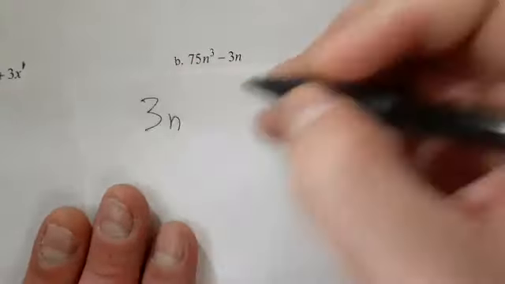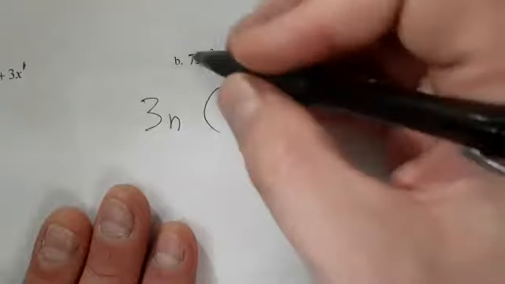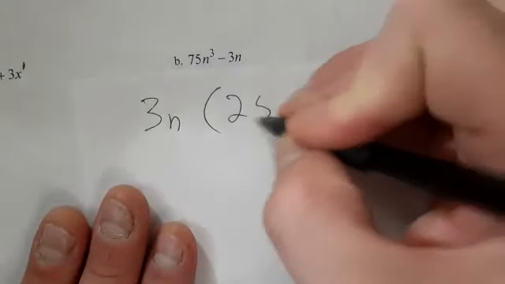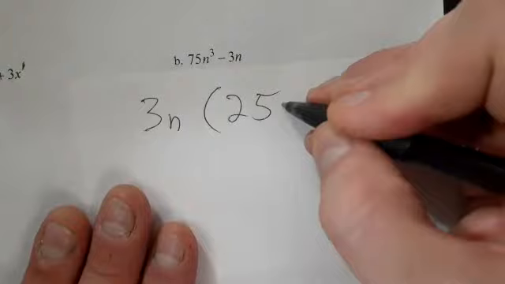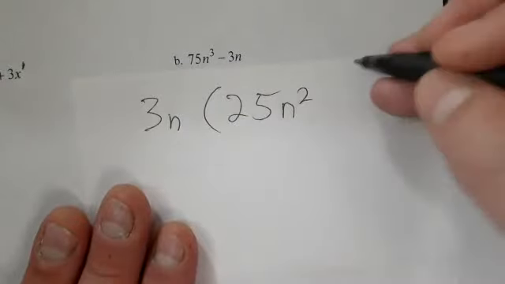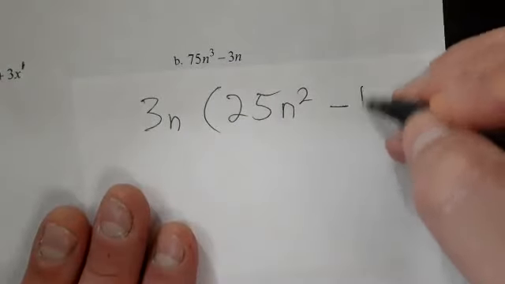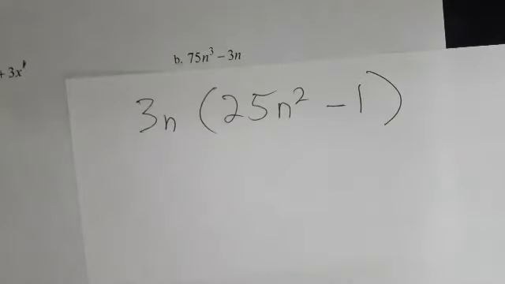So the GCF here, I believe, is 3n. 75 divided by 3 is 25, so I have 25n squared minus 1 when I factor out a 3n.